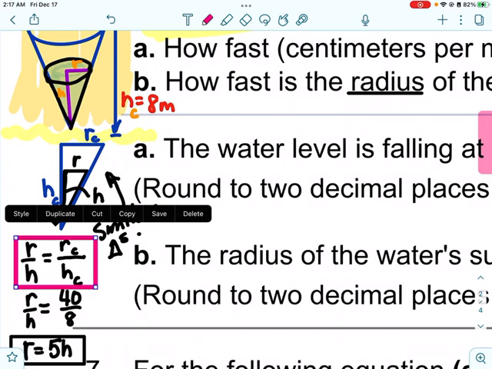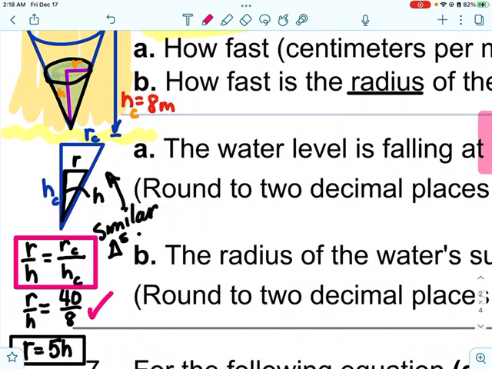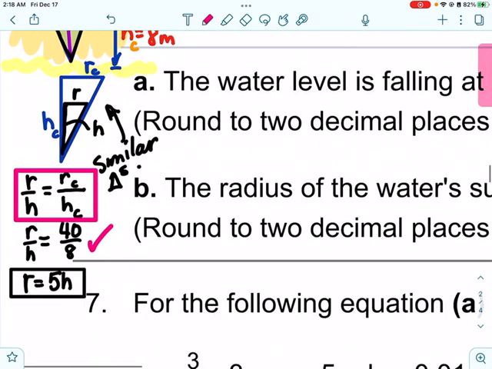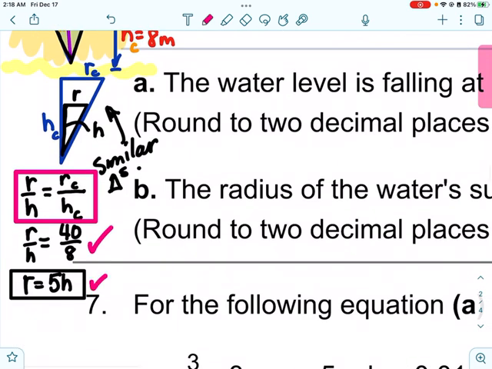So it turns out that here, R over H, now on the left-hand side, those are the actual changing quantities. R over H is always going to equal 40 over 8. So I can say that R is equal to 5H. That's the quantity we're going to substitute into our volume equation.